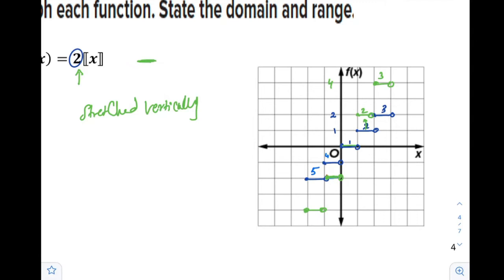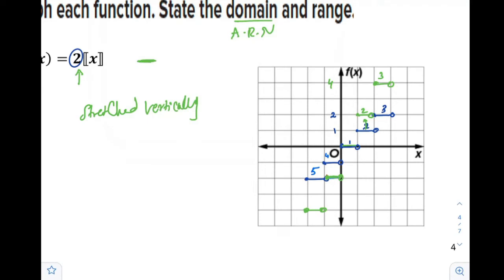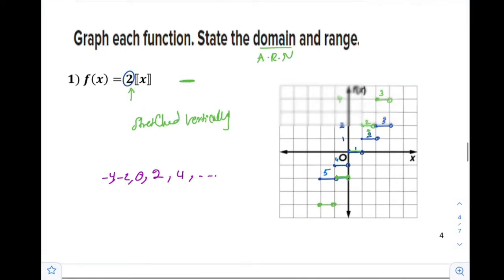Okay, now what is the domain? Domain is all real numbers. But what is the range? It's very obvious here what the y values used are. The green ones are standing at 2, at 4, and from the other side 0, -2, -4, etc. It's extended in both directions.